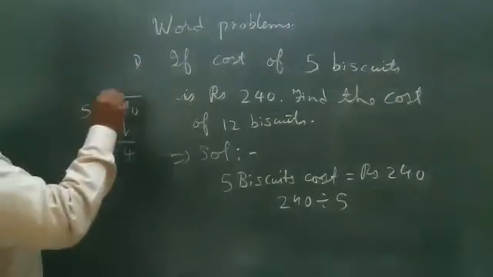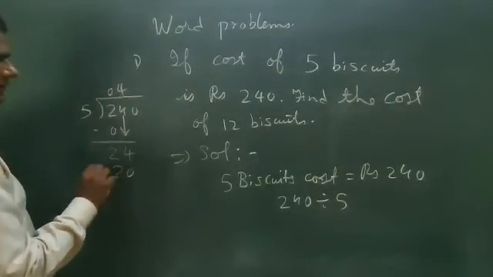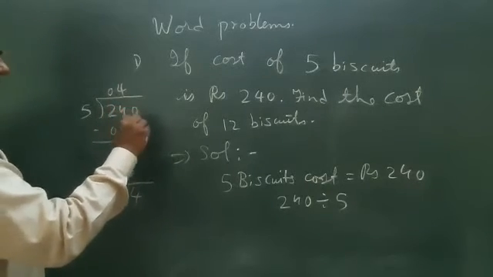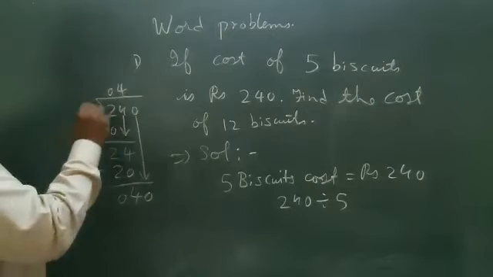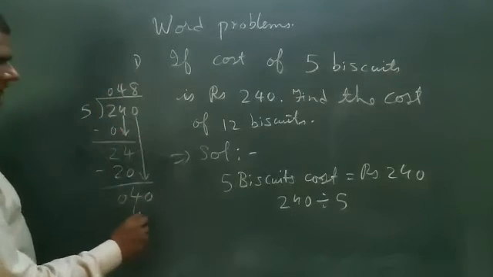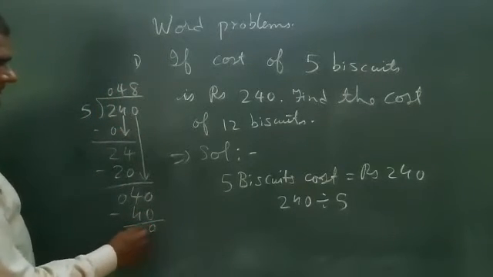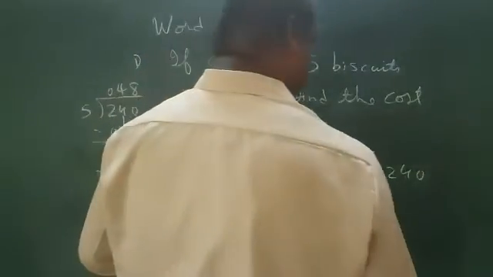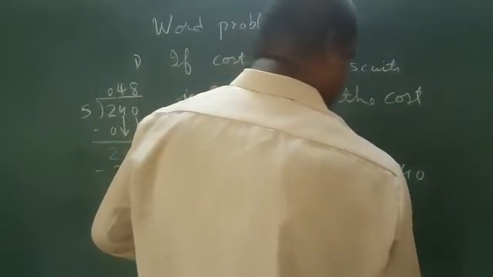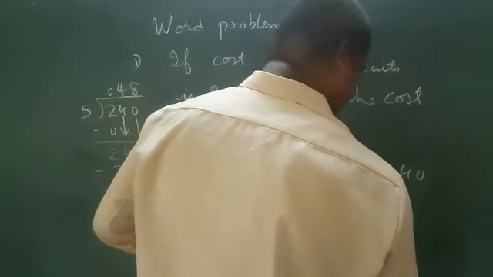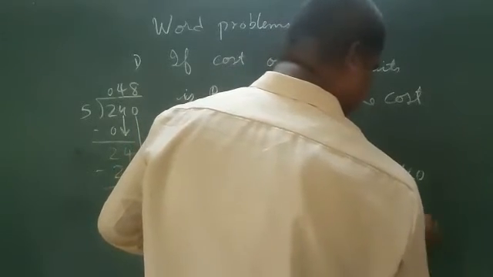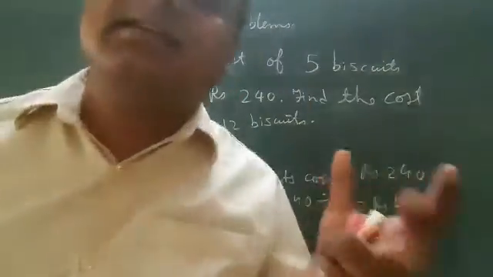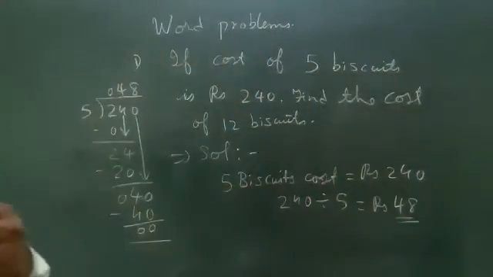Now 5 4s are 20. So 4 minus 0, 4. Then this 0 will come down. 5 8s are 40. 48. Rupees 48. Cost of one biscuit is 48. एक बिस्किट का दाम 48 रुपये.